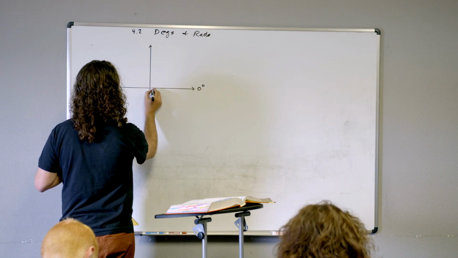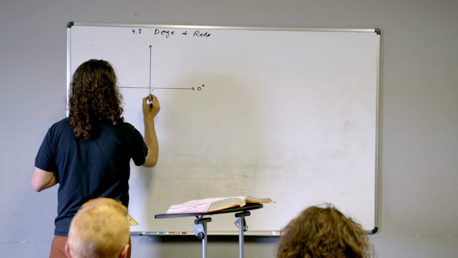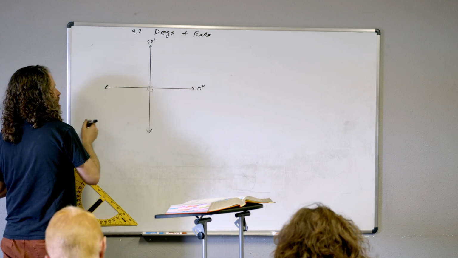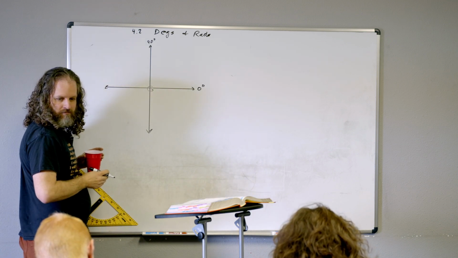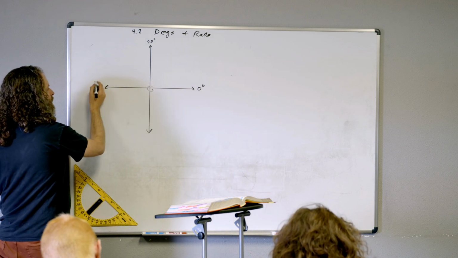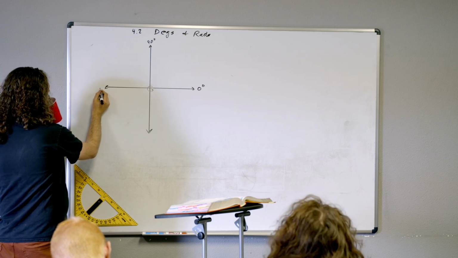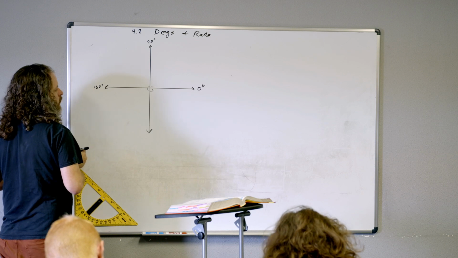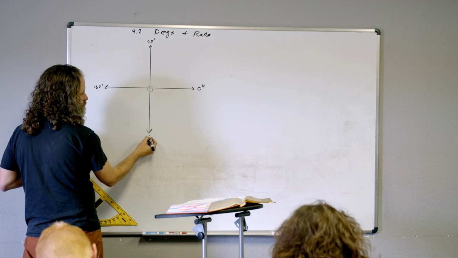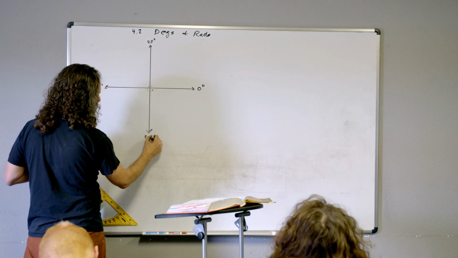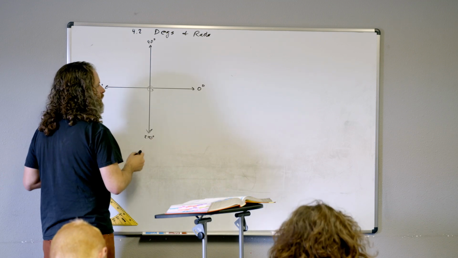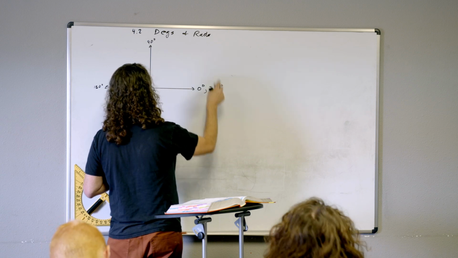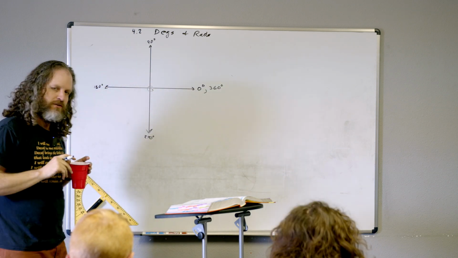Because we're going around counterclockwise, this is 90 degrees. And how many would this be? 180 degrees. And then this would be how many? 270. 0 plus 360. And then we go all the way around, it's also 360. It's also more than that because we can keep on spinning around and around, and we'll talk about that more later.